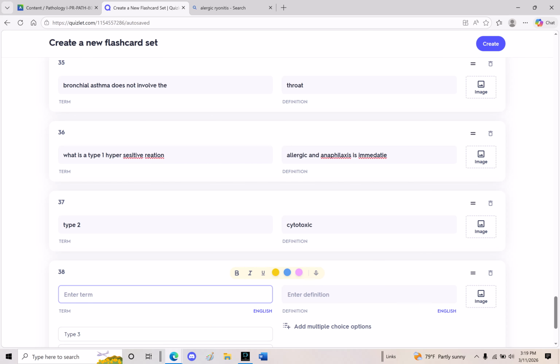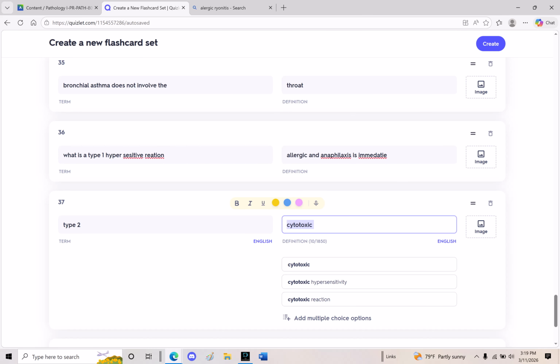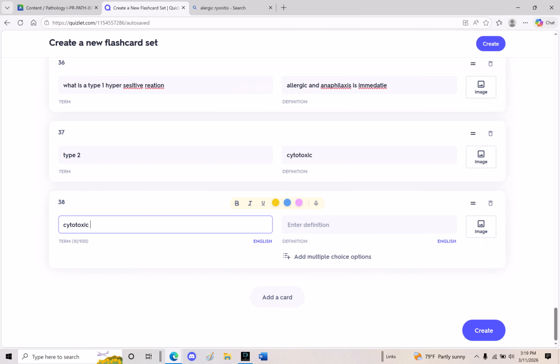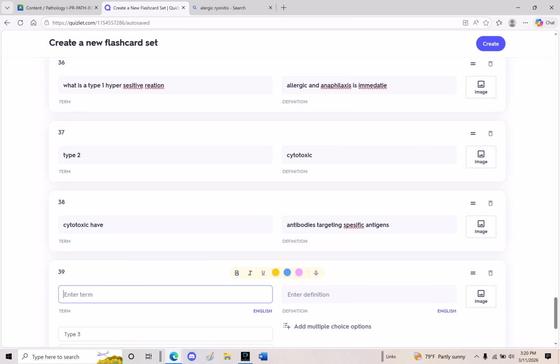So, for this one, you have antibodies that are directed against antigens, as you did in the last one. Remember, antibodies are always targeting specific antigens. In this case, these antigens are on the surface of cells or embedded somewhere, usually in a cell membrane, is what we're going to focus on, right?